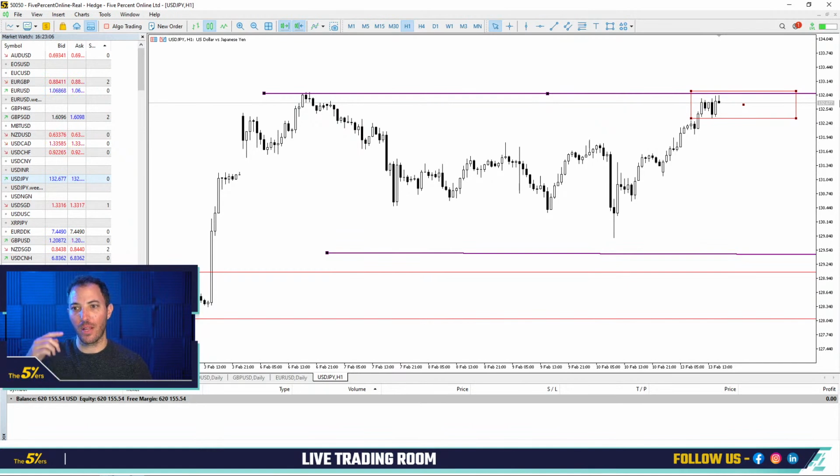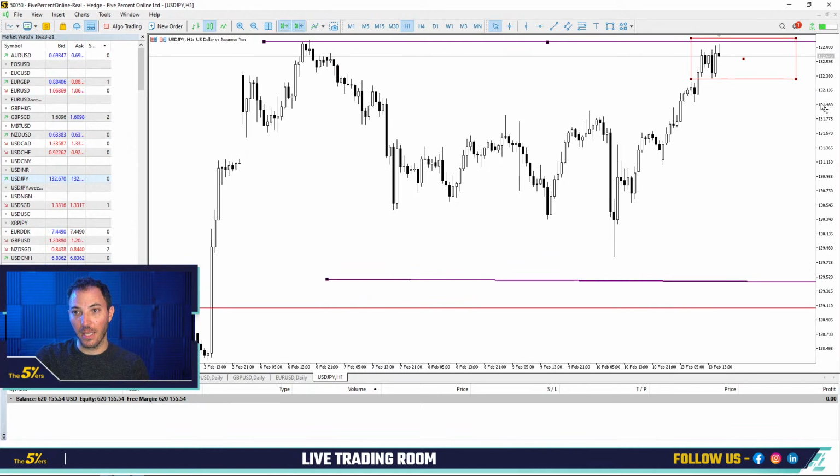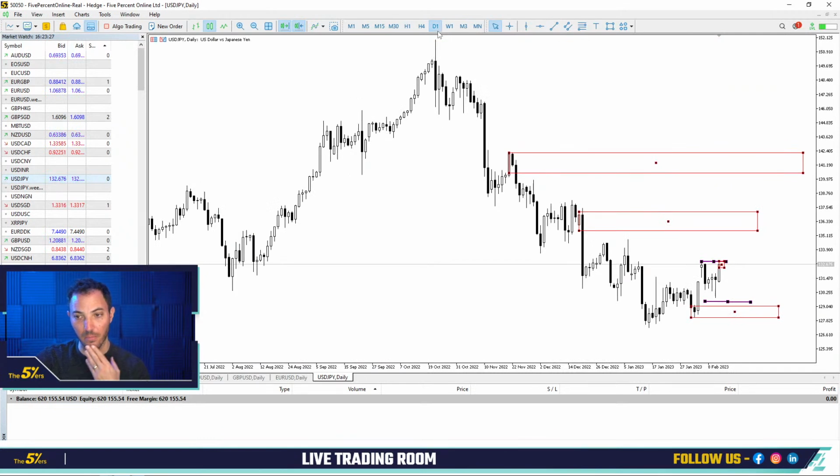Okay, instead of trying to catch the breakout and getting that risk of getting faked out all the time, you wait, you confirm the breakout, and then you wait for the pullback, and then you join the breakout in the same direction. Okay, so that's for dollar yen.